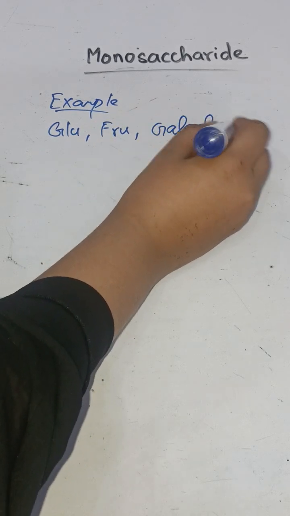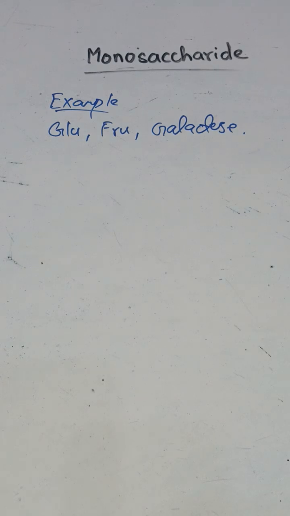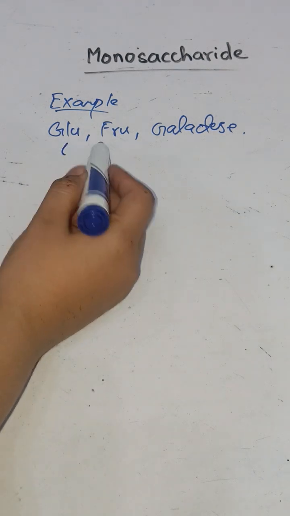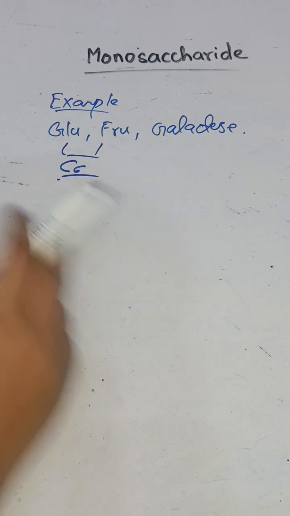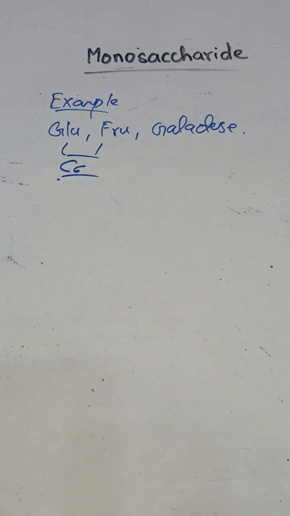These three are the most important monosaccharides, because they are used in daily life, and they have very important structures. Glucose and fructose are hexoses containing 6 carbon atoms within themselves, and they are very important for you. Next we are going to see the formula of it.